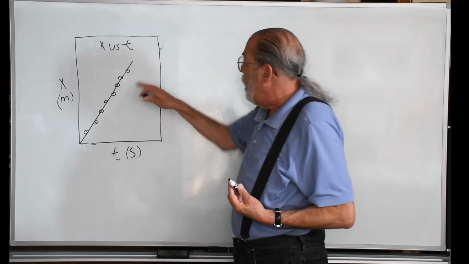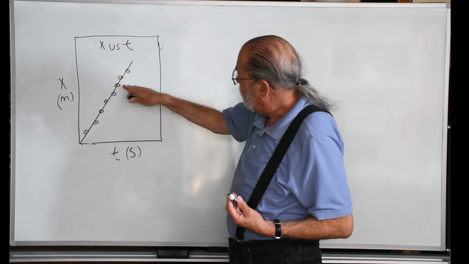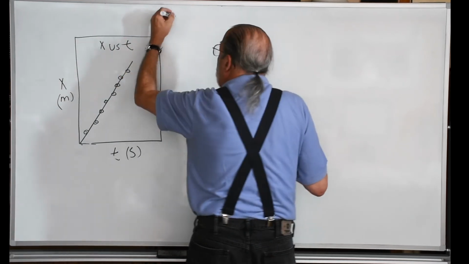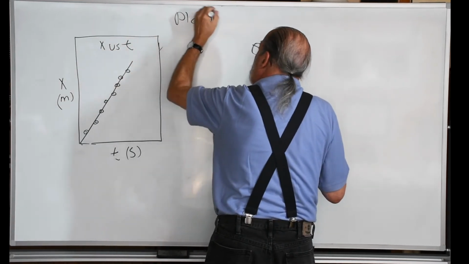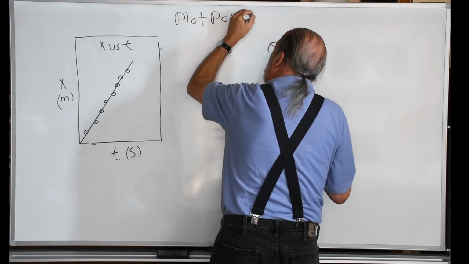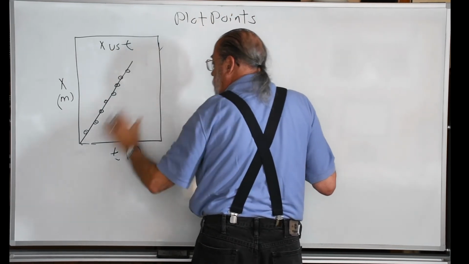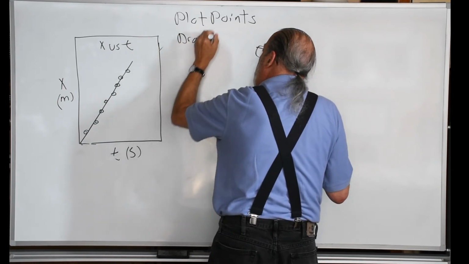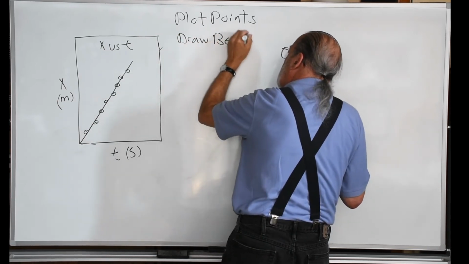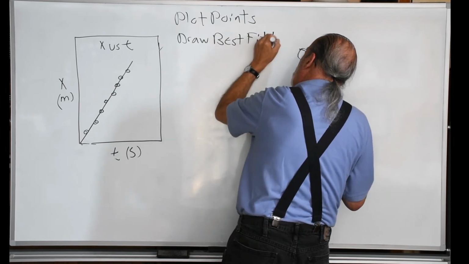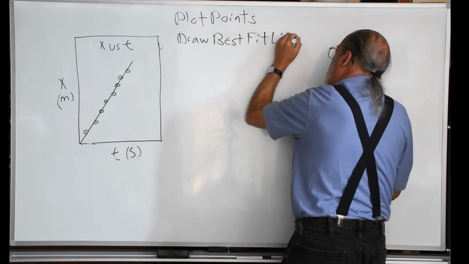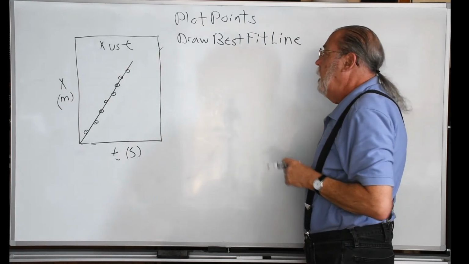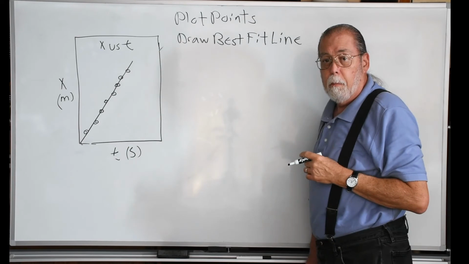What you have to do is choose a couple of slope points. So you plot your points. Make sure your graph is properly labeled. You draw the best fit line. Plot your points, draw your best fit line. Now you must find its slope.